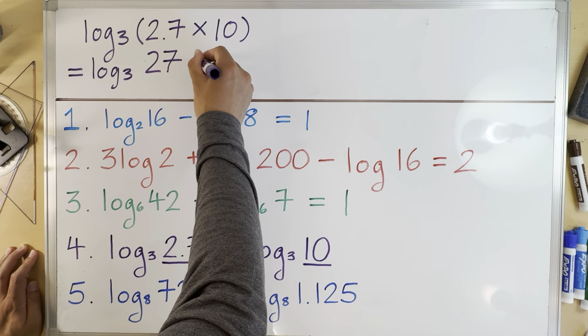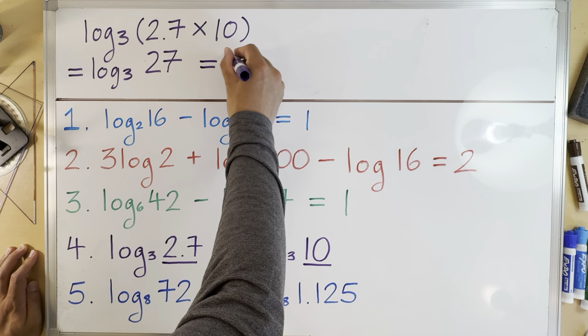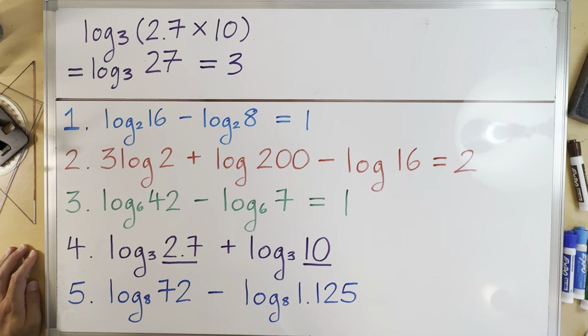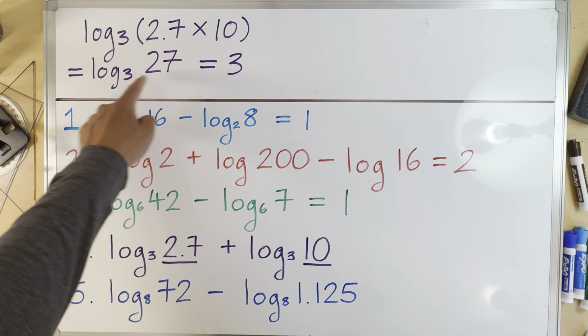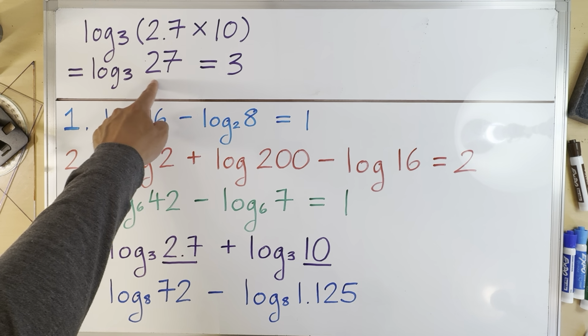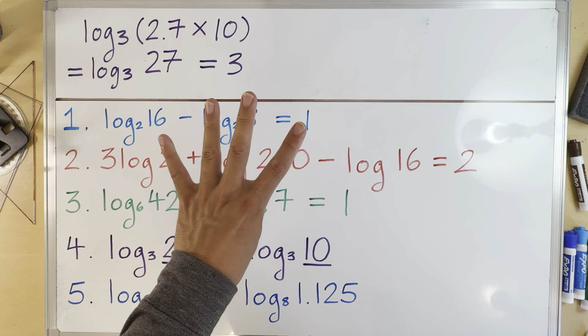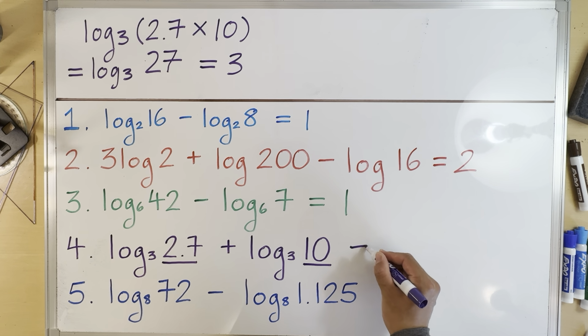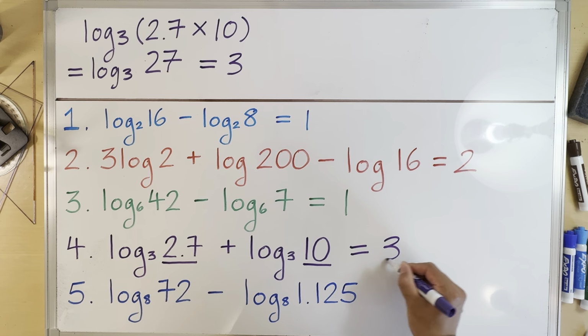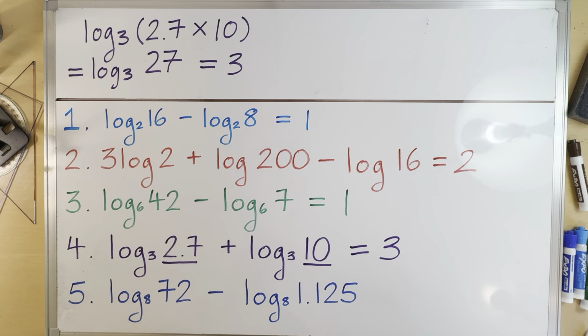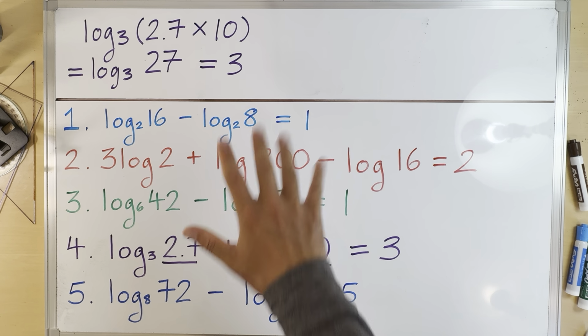And this gives us 3, because 3 to the power of 3 is equal to 27. And so therefore, the answer to problem number 4 is 3. Now let us solve the last and final problem, problem number 5.